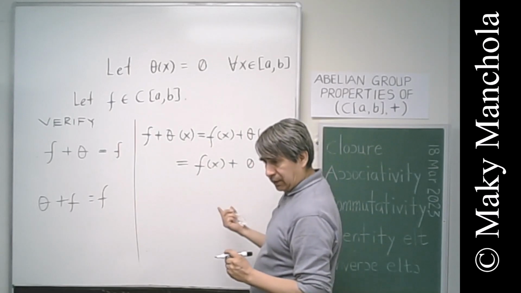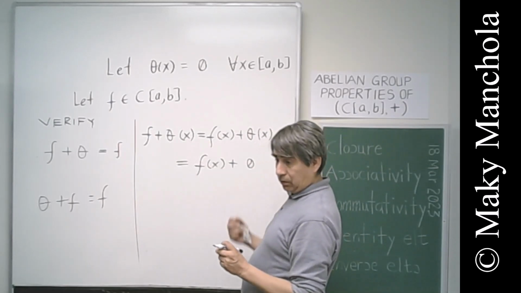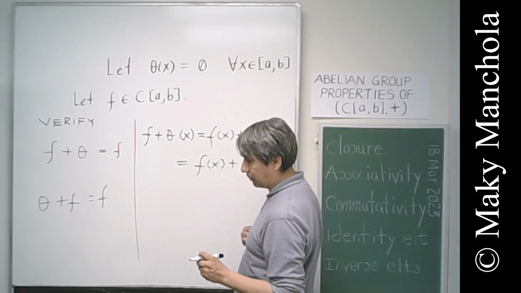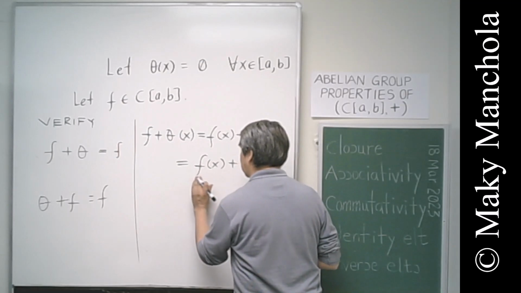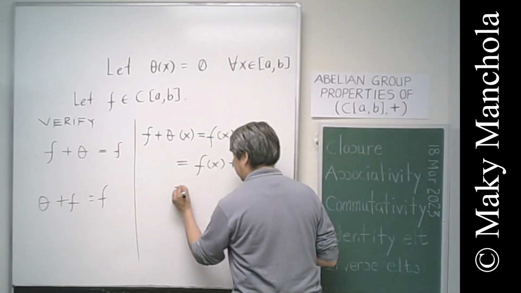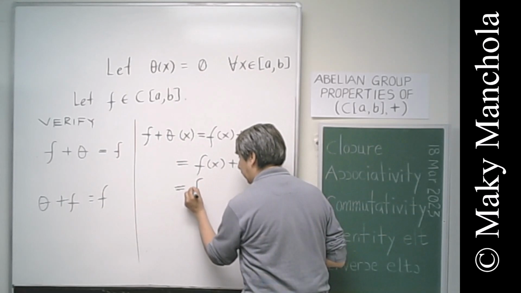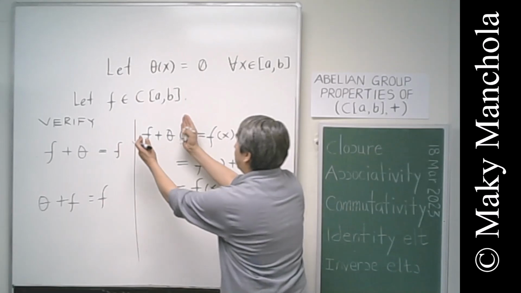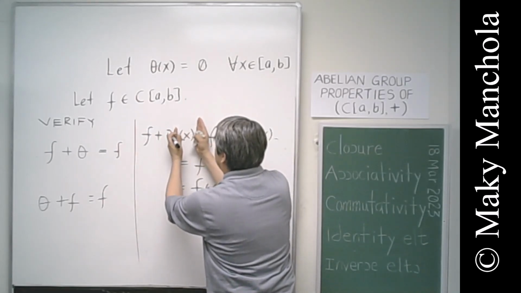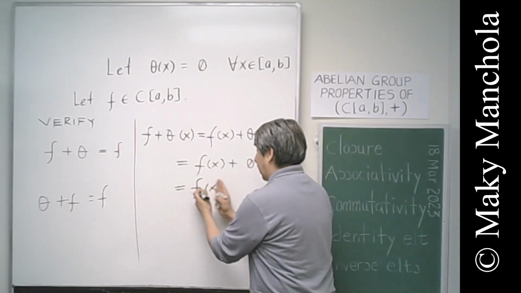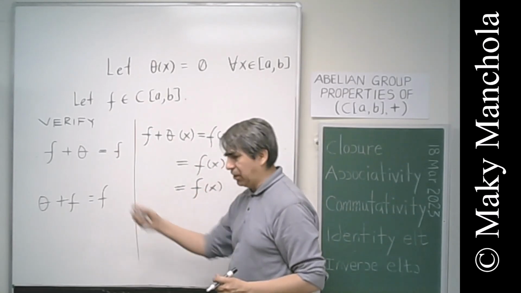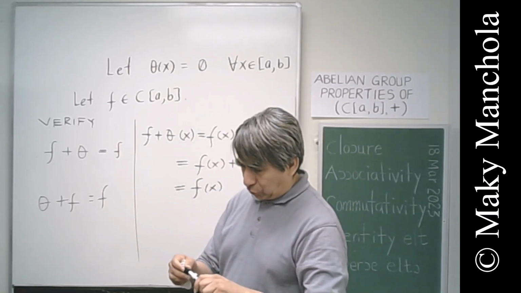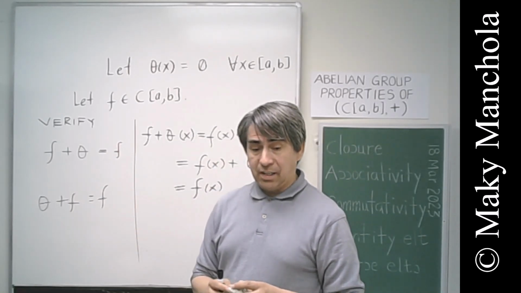But this 0 is the real number 0. This is the identity of the real numbers under addition. So f of x plus 0 will be just f of x. This real number plus 0 is just that real number f of x. So we confirm, the function f plus theta evaluated at x is the same as the function f evaluated at x. Similar treatment will reveal that our second equality is true. That one we will leave as an exercise.